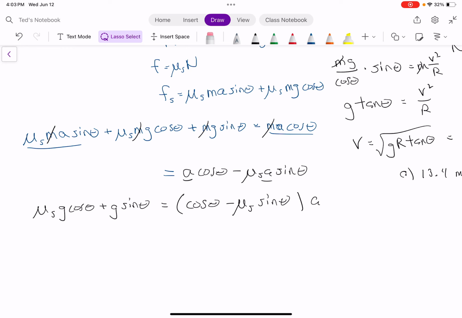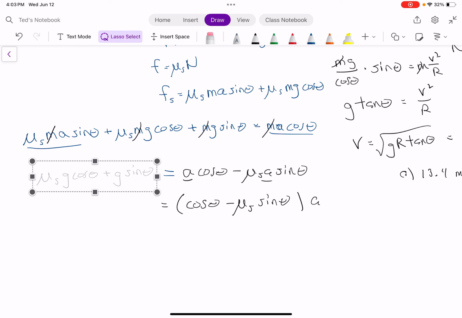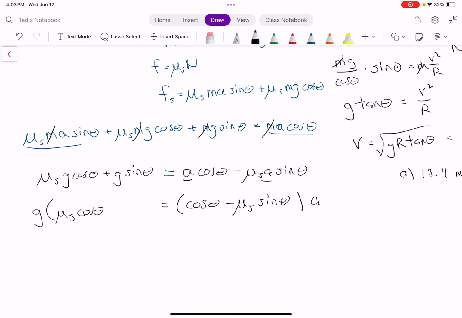Well, okay, fine. Let's put that back up. For this one, let's pull out the g. So this is equal to g times mu s cos theta plus sine theta.